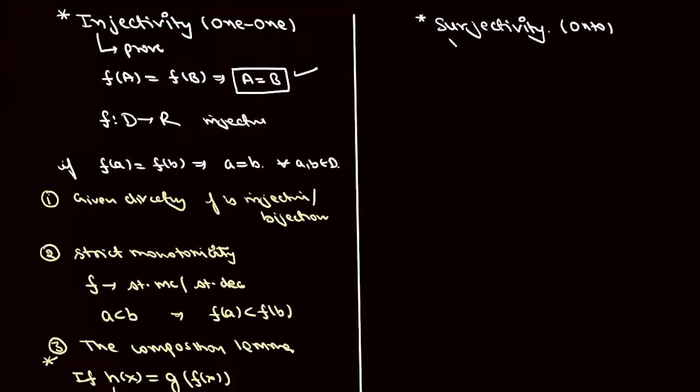Then surjectivity lets you choose what goes into f.